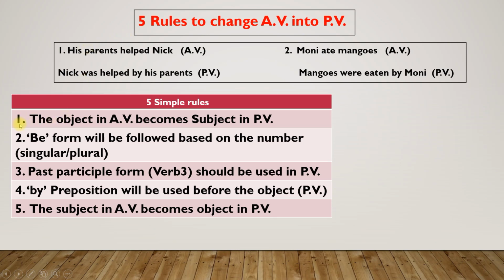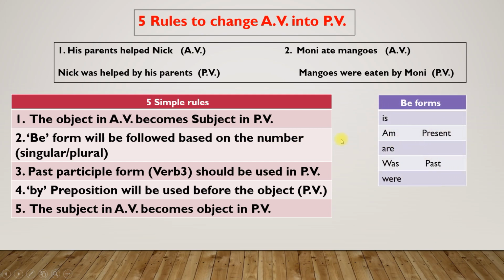First one, the object in active voice becomes the subject in passive voice. How? See the object Nick here becomes the subject here, right? And the B form will be followed based on the number, singular and plural. So the B form will be changed here.